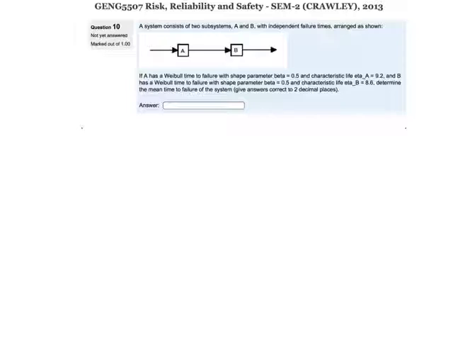So let's have a look at how we do this. Well, there's an easy way and a hard way to do this question. The hard way, which we'll explain first, is the way that will probably spring to mind: if you've got two subsystems or components in series, then the reliability of the system is going to be equal to RA times RB, and that'll give you your reliability.